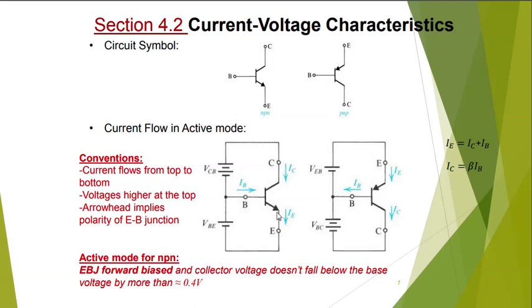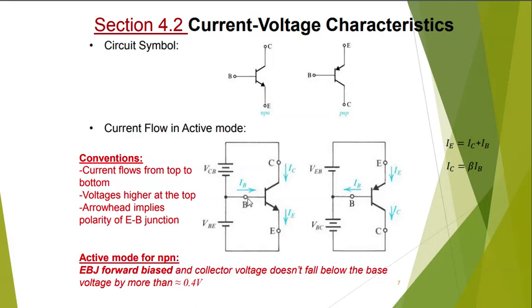And one more thing I want to tell you. You see this arrow? This arrow works actually like a diode. So the voltage between B and E is 0.7. Do you remember we had VD, the voltage drop at the diode, 0.7? Here it is the same. This arrow is working like a diode.